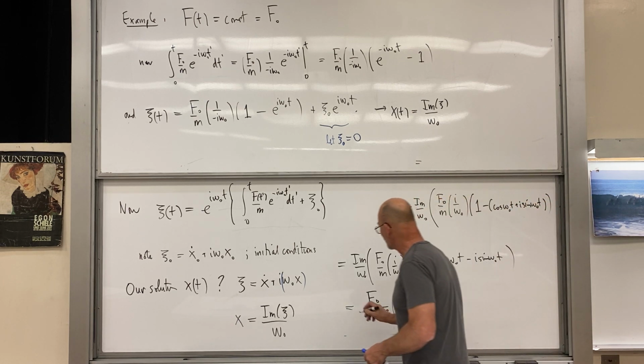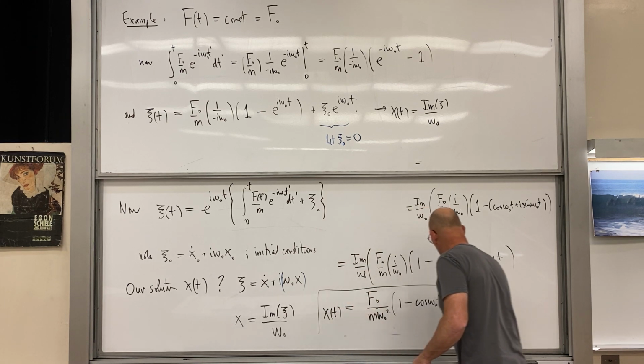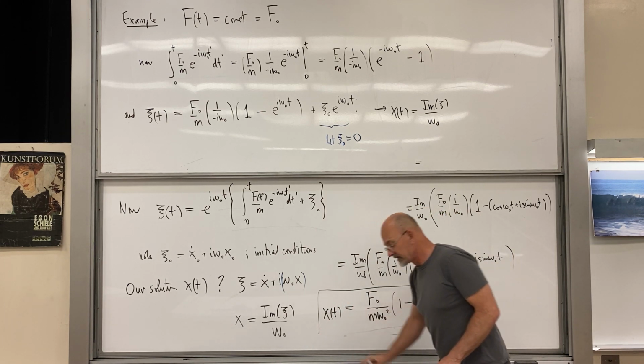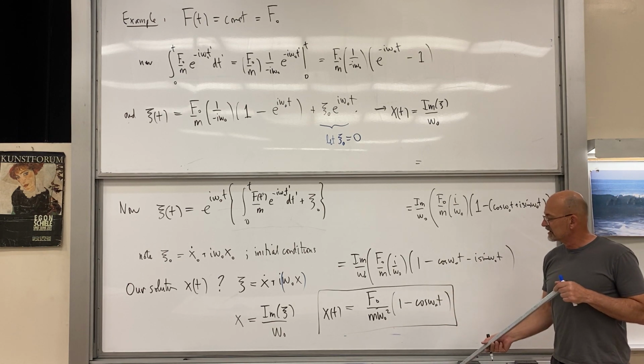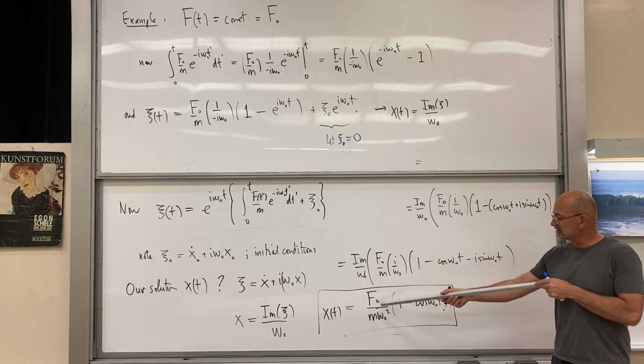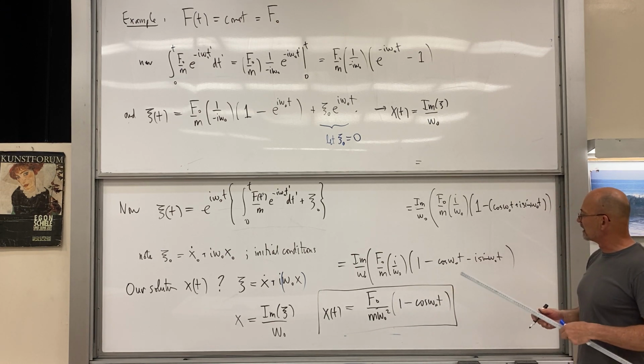So that's our solution. Where have we seen that before? It's really just a harmonic oscillation that's been shifted. So a constant force just shifts the origin for harmonic oscillation.